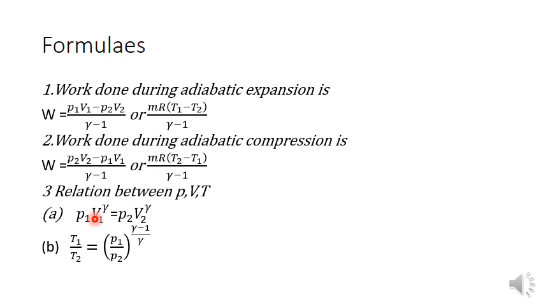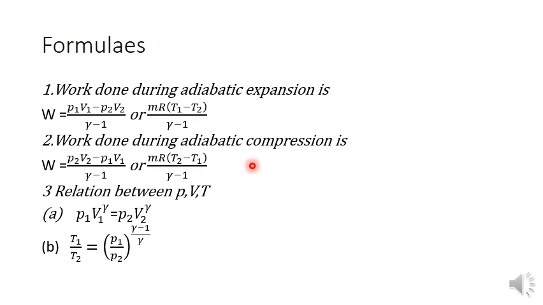We know that PV is equal to MRT, so we have to eliminate V. We can write V equal to RT by P. By simplification we get T1 by T2 is equal to (P1 by P2) to the power (gamma minus 1) by gamma. This can be written in any form. You can bring the power to this side also: (T1 by T2) to the power gamma by (gamma minus 1) is equal to P1 by P2.